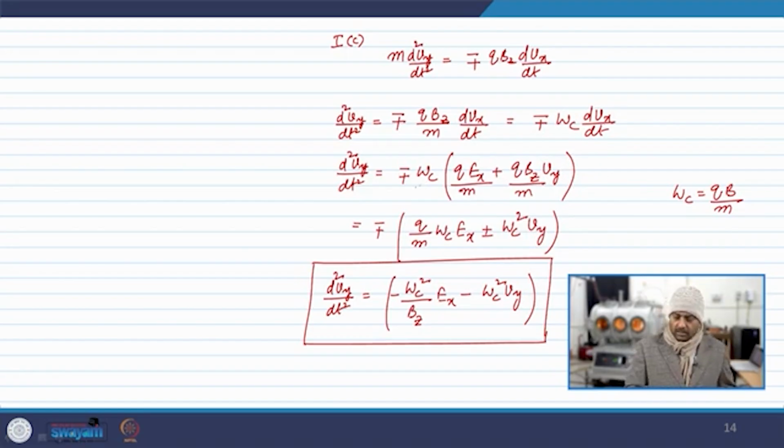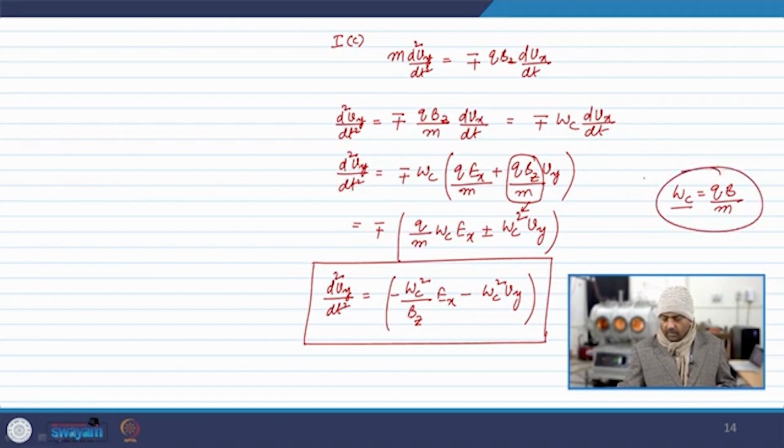I have taken this omega c inside. You see here there is an omega c already existing, which gave you omega c square, and here omega c is not there, but q by m is there. So q by m can be written as omega c by B, which gives you omega c square by B, and Ex is still there.